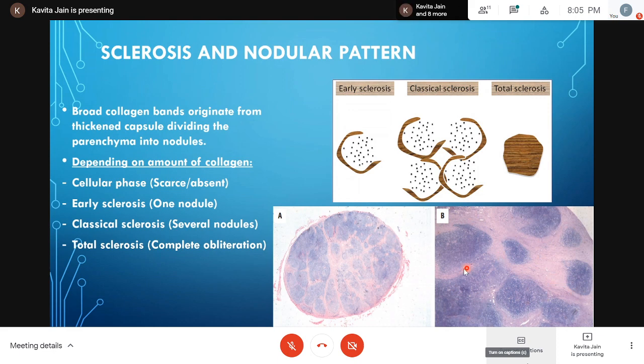These collagen bands are said to show green birefringence on polarized microscopy, and they are one of the diagnostic pathognomonic features, because although these nodules can be seen in other subtypes like lymphocyte rich Hodgkin's lymphoma or NLPHL, we won't see any sclerosis or fibrosis in those lymph nodes.